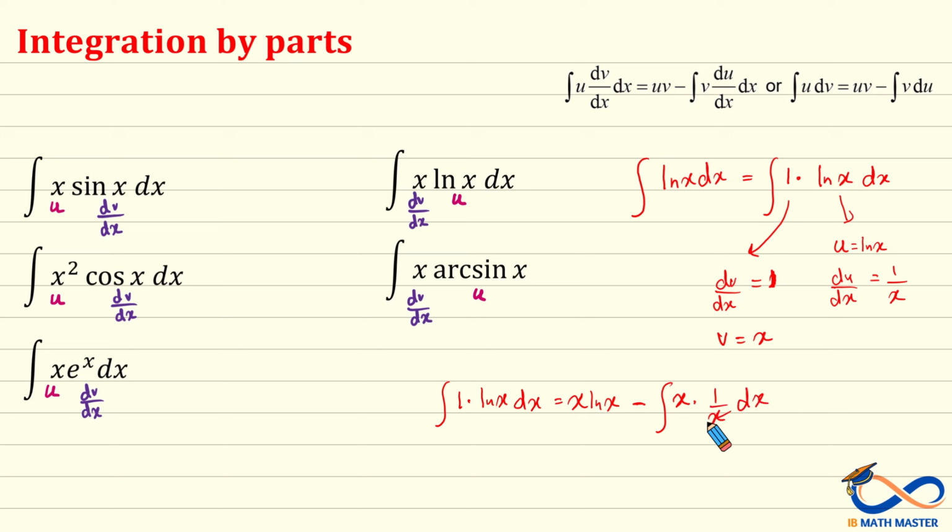So cancel x and x, so it will be x multiplied by ln x minus, here we have only the integral of 1, and that will be just x. So this is the final answer to the integral of ln x times 1, which is basically just ln x.